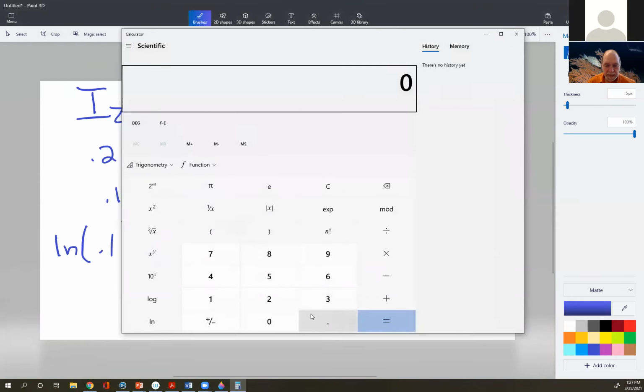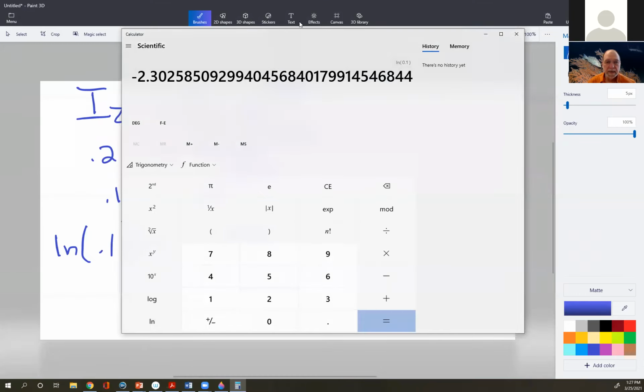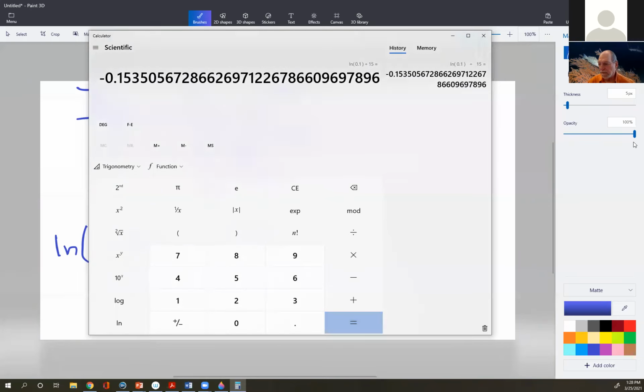And I'm saying that 0.1, take the negative log of that, is equal to minus K times Z. Since Z is 15, we'll divide by 15, and that equals 0.15. All right. So negative 0.15.